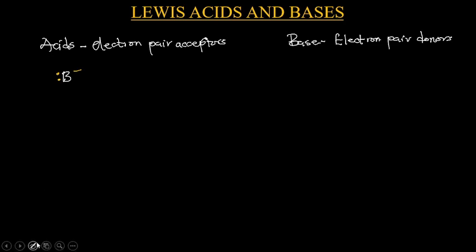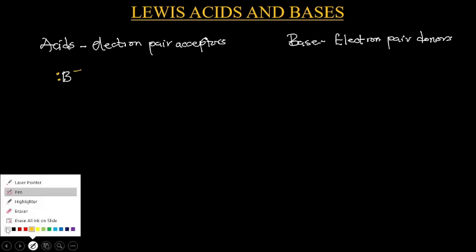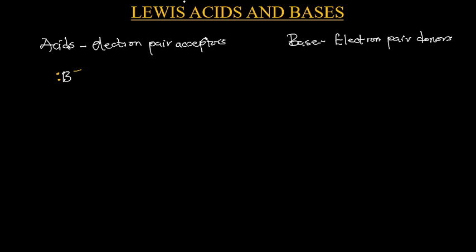Okay. Now let's look at a proton, H plus. Now what is going to happen? You end up having B bonded to H. Now the question is, how is that going to happen?